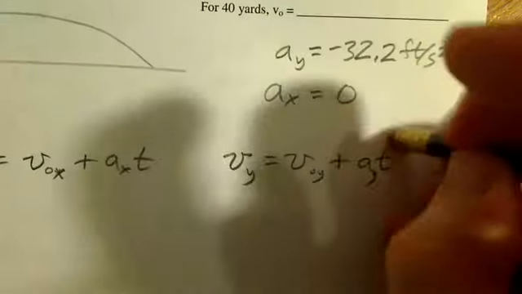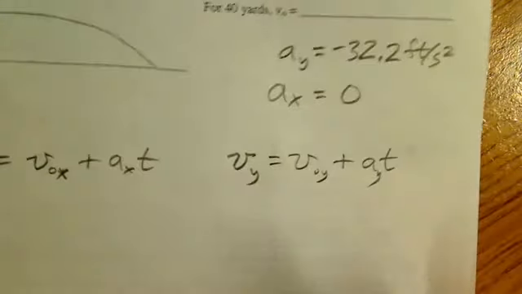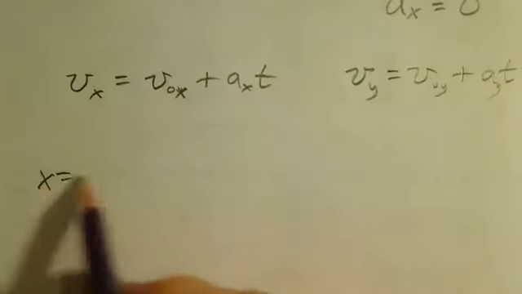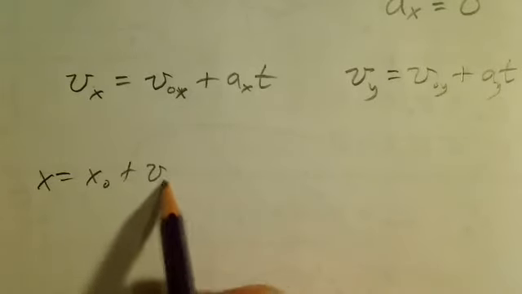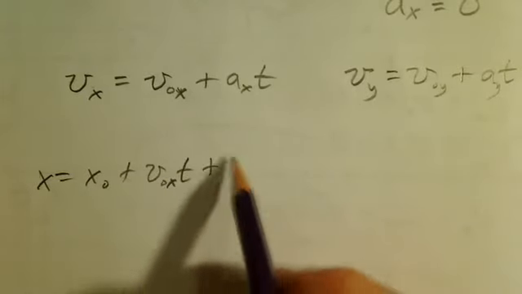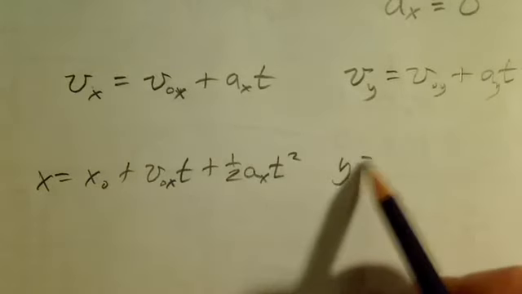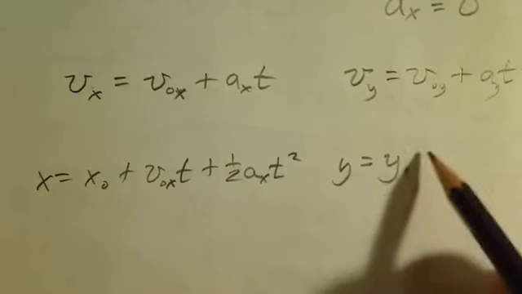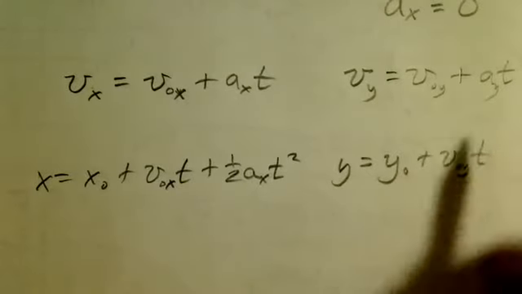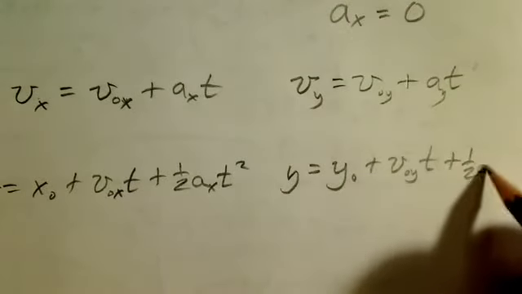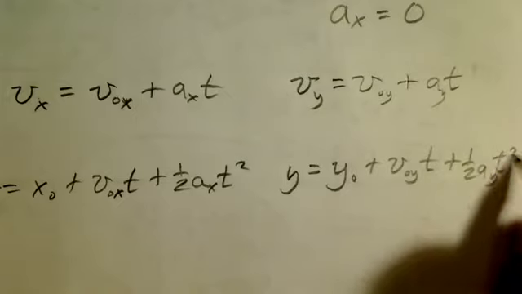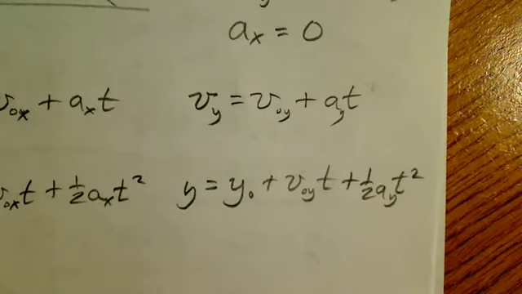Then x equals x naught plus v naught x t plus 1/2 a_x t squared. And then y is equal to y naught plus v naught y t plus 1/2 a_y t squared.